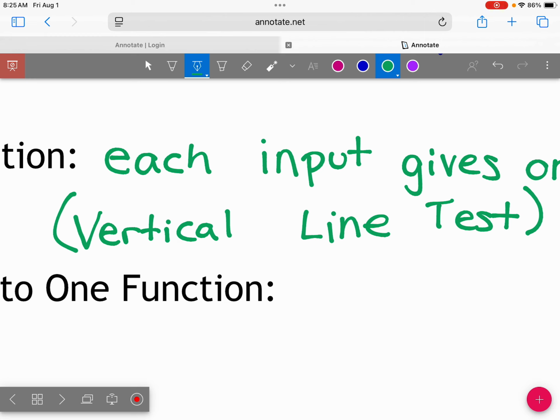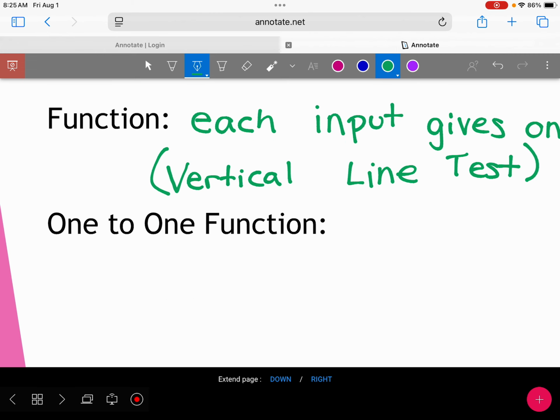We're going to test using the vertical line test, which you can, VLT is totally fine. I just was giving you all the words. So something can be a function or not a function at all. So if it's passing our vertical line test, it's going to be a function. For something to be a one-to-one function, it has to first be a function. So a one-to-one function is a special kind of function.